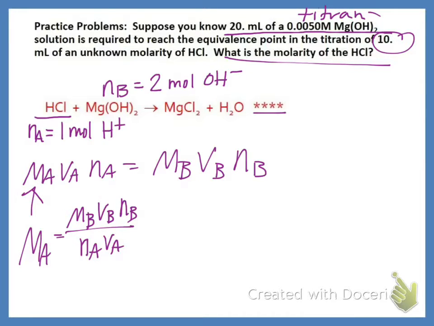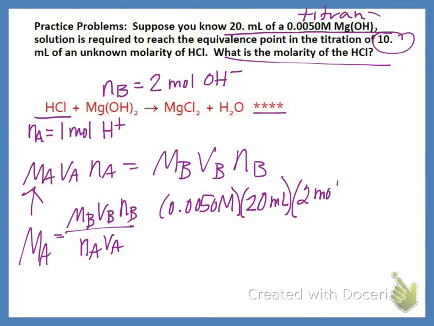So the molarity of the base was 0.0050 molarity times our volume. Because we're going to have volume on the top and the bottom, we can actually leave it in milliliters because they're going to cancel out. And then Nb was 2 moles of hydroxide. Here's where I'm telling you, you have to show your moles of hydroxide because you're essentially showing your mole ratio of what's reacting.